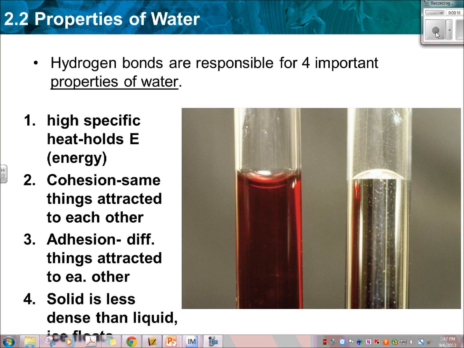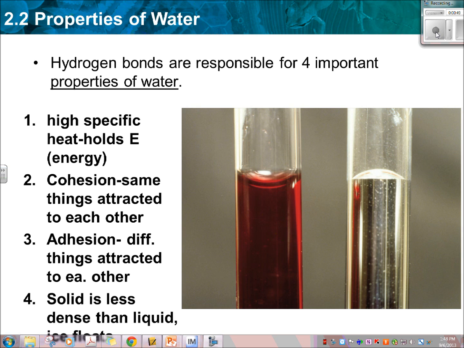Did I talk about the first one with this class? That it holds energy? Yeah. Okay, and then two, did we talk about cohesion? Is that happening on your tabletops with your models right now? A water molecule attracted to another water molecule.